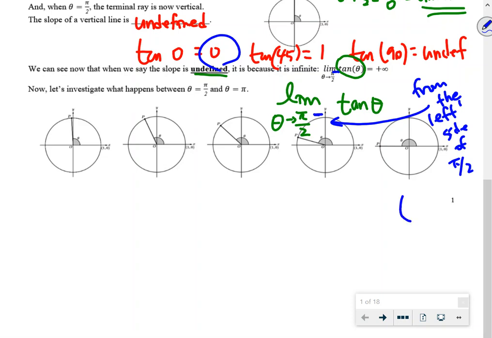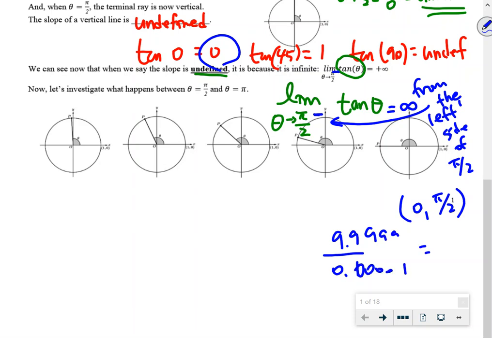For this one, I was in the first quadrant, 0 to pi over 2. So I'm approaching pi over 2 from the left side for tangent, and I am getting infinity. Remember, I was doing like 9.9 over 0.1, but 999, with more zeros than the 1. Yeah, infinity.